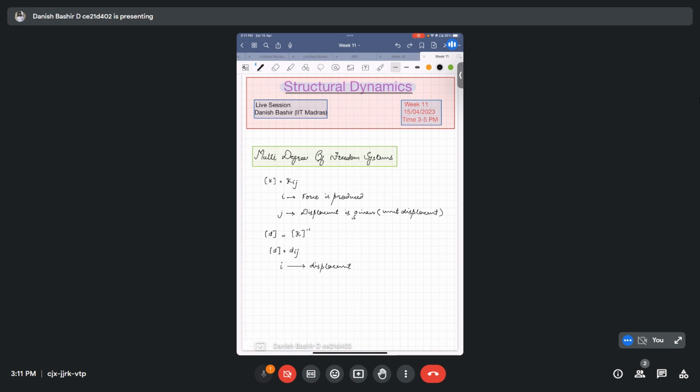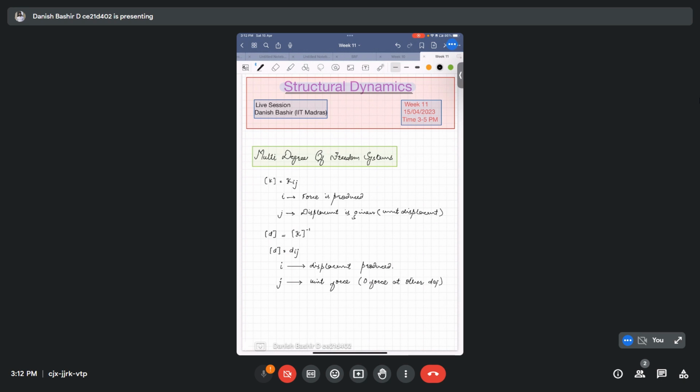It's obvious from the notation that it is only displacement produced at the ith degree of freedom, and J is similar to the above one, but you have to invert the things. It is displacement produced due to unit force at the jth degree of freedom, and zero force at other DOFs, degrees of freedom. So I just want to remind you what the stiffness matrix and flexibility matrix are.